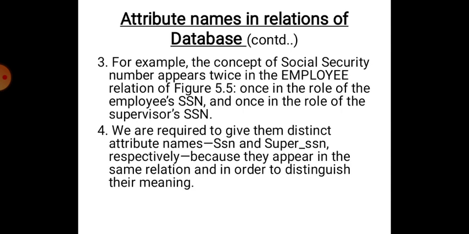One is the employee's SSN, another is the supervisor's SSN. Point number 4. We are required to give them distinct attribute names, SSN and super SSN respectively. Here students, SSN stands for employee's SSN and super SSN stands for supervisor's SSN, because they appear in the same relation and in order to distinguish their meaning.